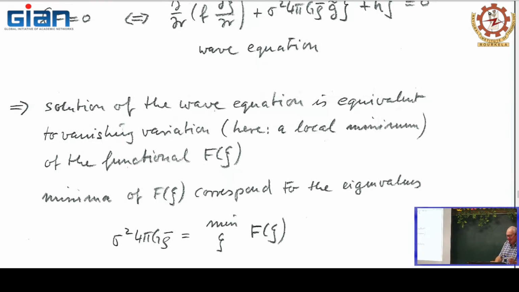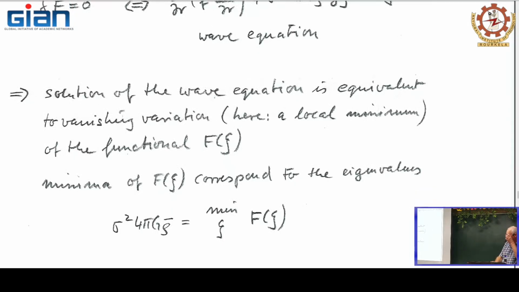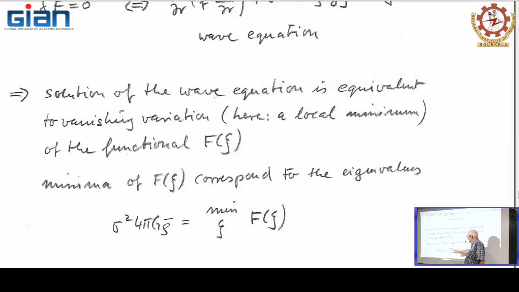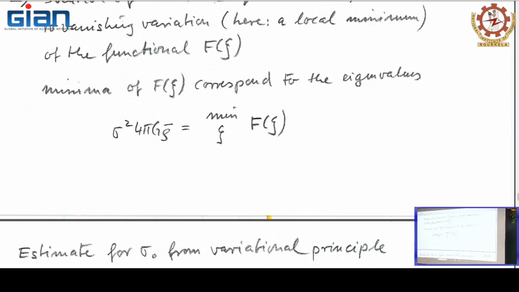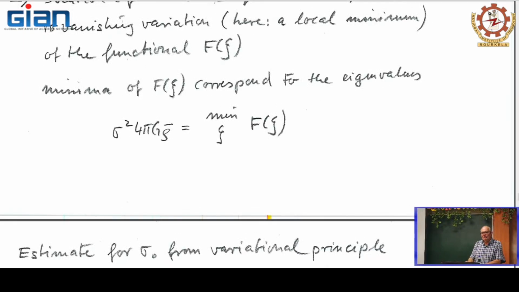But we can deduce a very nice and important criterion from the fact that the eigenfrequencies are minima of this functional. Why not look for the lowest eigenvalue? I remind you of the fact that the sigma squares are well ordered. Sigma 0 squared is smaller than sigma 1 squared, than sigma 2 squared.